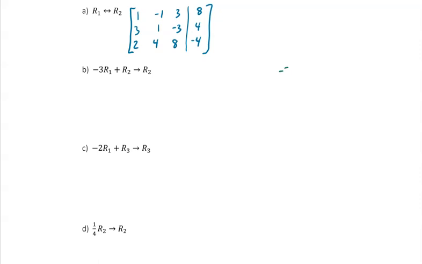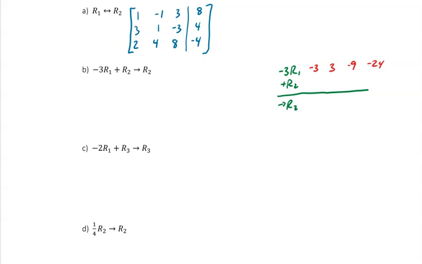Off to the side, I'm going to do -3 row 1 plus row 2, and it's going to replace row 2. So -3 times row 1 is going to be -3, +3, -9, -24.